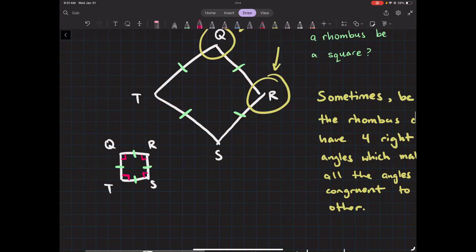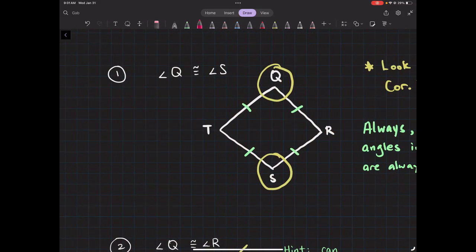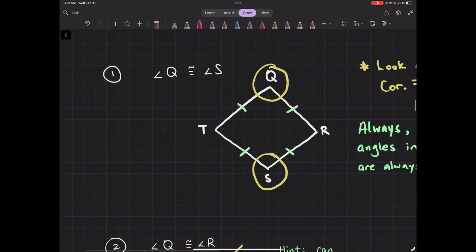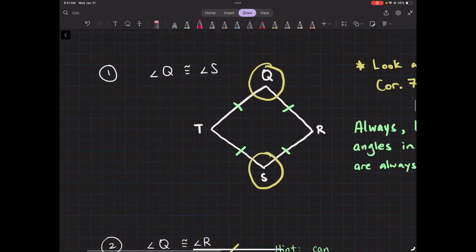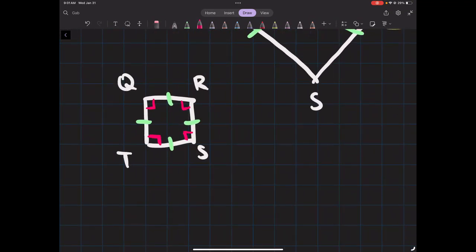But then if we also go back to the first one, we could use the same square argument here and it'll still be true, because if you take a look at angle Q and angle S, they're still going to be congruent to each other. Okay, so all the possibilities, try to consider them. For rhombus, there's only 2.